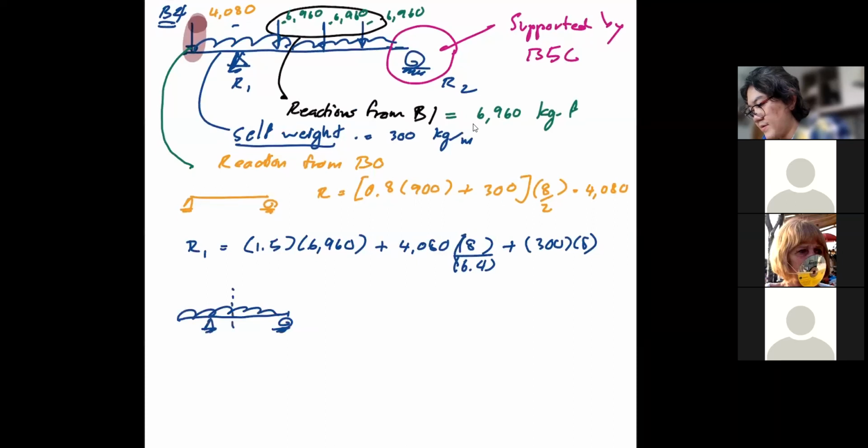This is the total uniform load, right? This is 300 multiplied by 8. And it acts at the distance 4 meters from support R2. So I can just say that this is going to be 4 over 6.4, right? Can I do that?